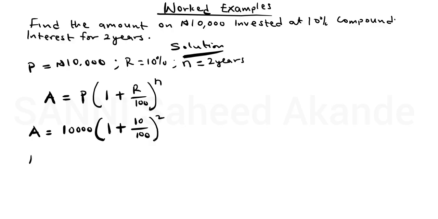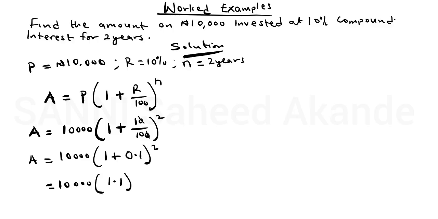A will be equal to 10,000 open bracket 1 plus, this 0 will cancel this 0, so we are left with 1 over 10, and 1 divided by 10 gives 0.1, everything raised to power 2. So we now have 10,000 open bracket 1 plus 0.1, which gives 1.1, raised to power 2, then equal to 10,000 multiplied by 1.21.